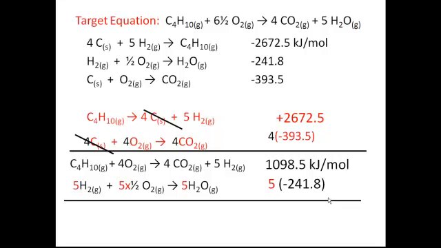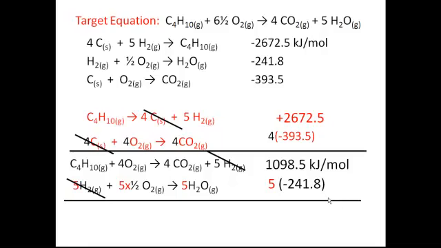And again, I'm going to look for species that are common to either the product side and the reactant side. Okay, so when I take a look at these, I notice that I have 5 moles of hydrogen gas on the product side of the first equation, and I have 5 moles of hydrogen gas on the reactant side of the second equation. Okay, species are identical and we have the same number of moles, so we can cancel those hydrogen gases out.